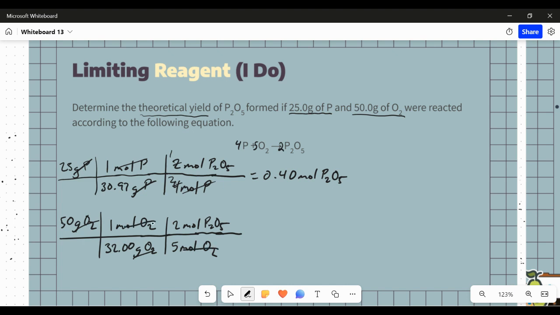Cancel my units. Now I can also do some reducing here. 50 and 5 can reduce to 10 and 1. 2 and 32 can reduce to 1 and 16. So my answer is really 10 divided by 16. That's 0.63 moles P2O5.